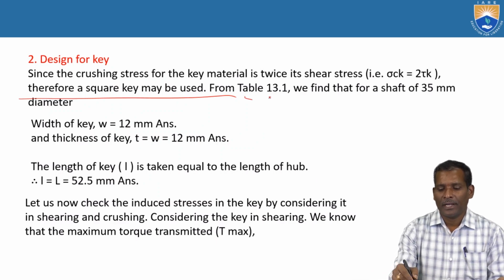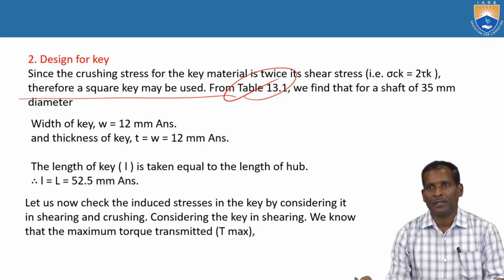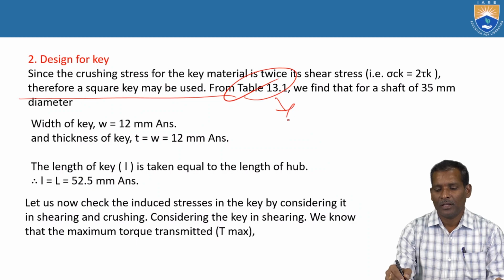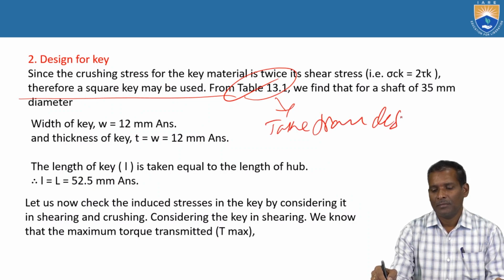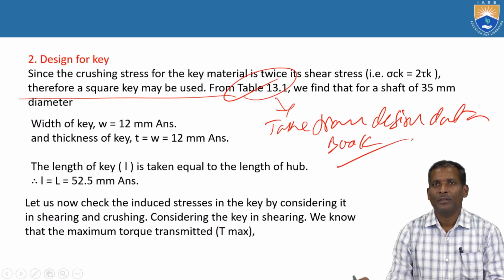Here in the design data book, find the table for a shaft of 35 mm diameter. Take the values from the design data book, K. Mahadevan's book, which is available.